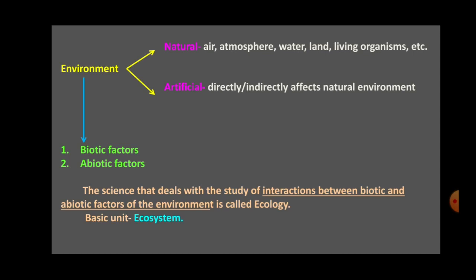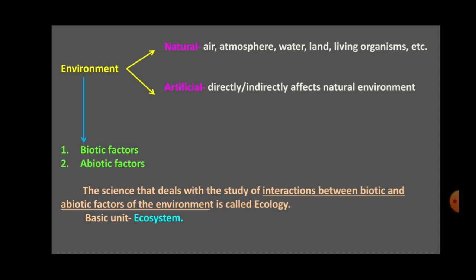Let's take the example of an aquatic ecosystem or marine ecosystem. Now, in a marine ecosystem, you have fishes, sharks, the very microscopic plants and microscopic animals that you see on the surface of the water. So they all come under the marine ecosystem.